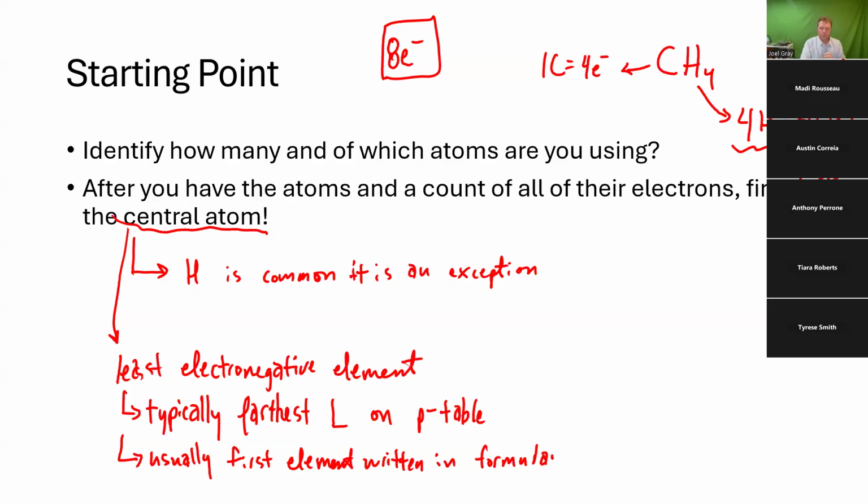Now, with that in mind, hydrogen presents an exception. So you can almost ignore hydrogen whenever you're trying to identify your central atom. And then you basically say, okay, if I'm ignoring hydrogen, then my central atom is going to be carbon. Now, applying some of these other ideas, the least electronegative element. What is our trend? We know a trend when it comes to electronegativity. Could anyone add to the chat the symbol for the most electronegative element?